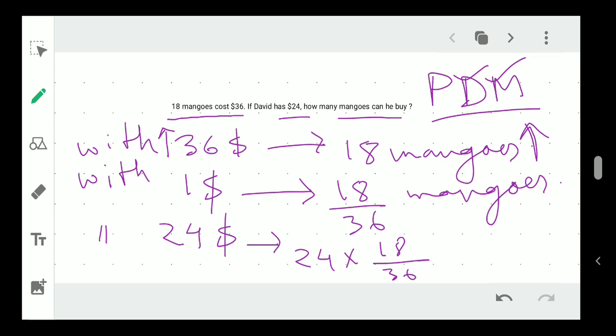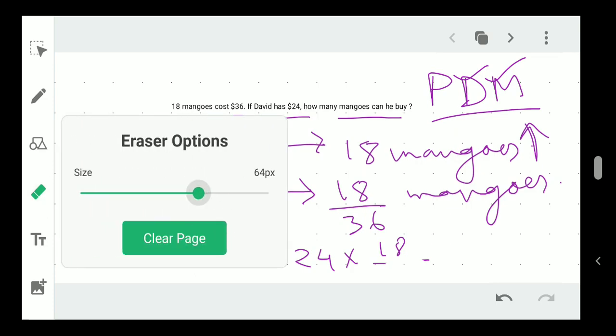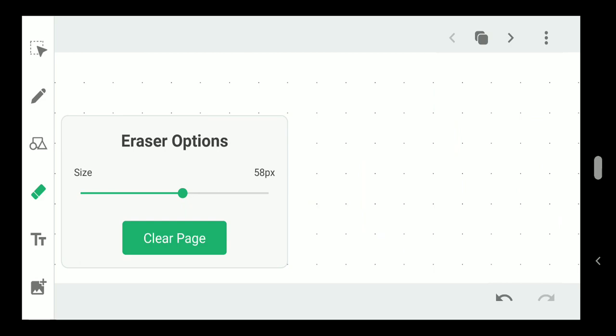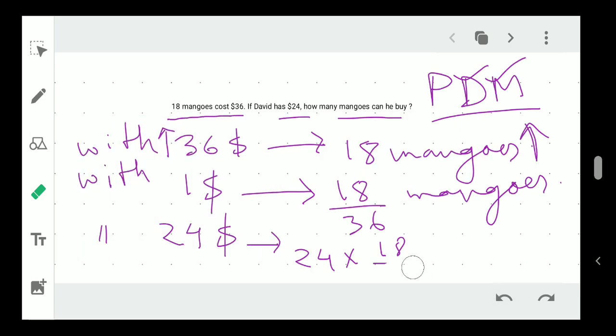How to do cancellation? 36 we can always write as 12 into 3. 18 we can write as 6 into 3, and 24 we can write as 6 into 4.